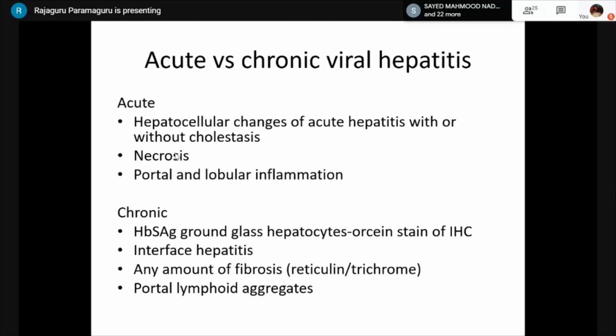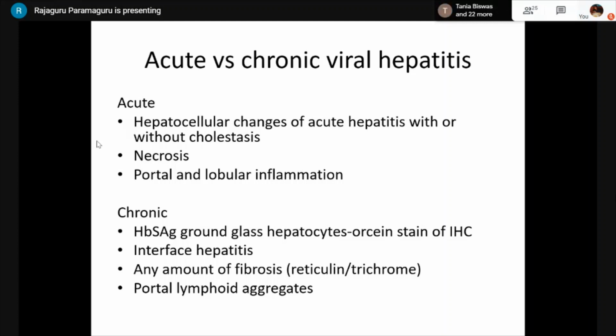Then acute versus chronic viral hepatitis. We have discussed this a lot of times, but again I'm stressing that acute will be hepatocellular with or without cholestasis, with a lot of lobular changes, that is disarray and rosetting with ballooning degeneration, vacuolation, and so on, and necrosis, which can be spotty or confluent around the terminal hepatic venule.